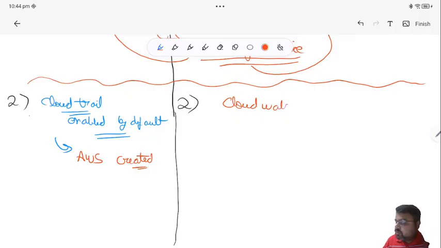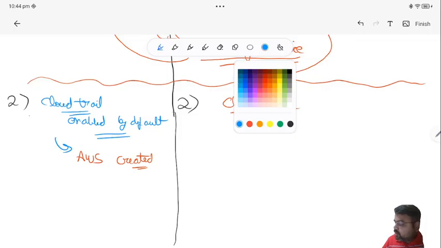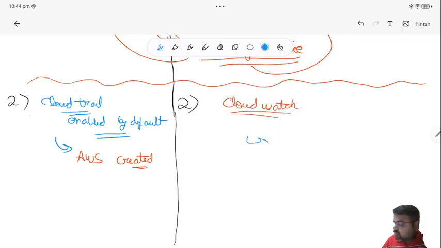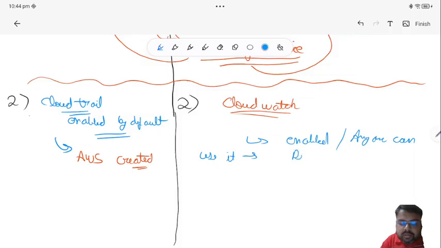So now the CloudWatch service is indeed enabled, and anyone can use it. And it's dependent on resources plus applications that we are trying to run in the AWS account.